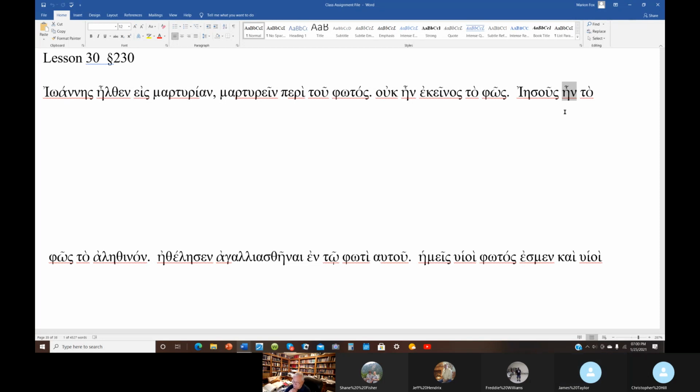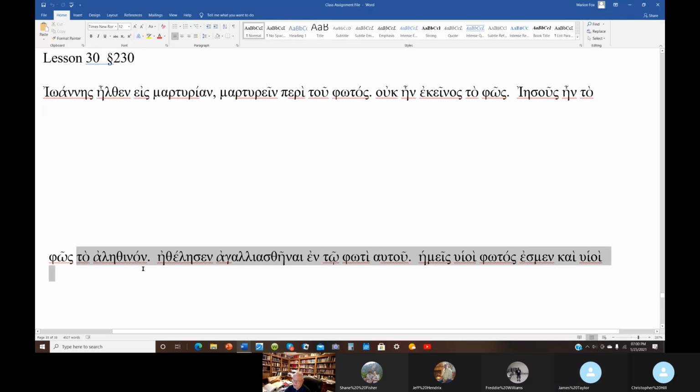Your being verbs take a nominative case complement. Eimi and ginomai are two of those that do that. Archomai also does, I believe. But right here, those two certainly do. So I would argue, even though the form could be nominative or accusative, by the structure of the sentence it winds up having to be a predicate nominative, renaming the subject.